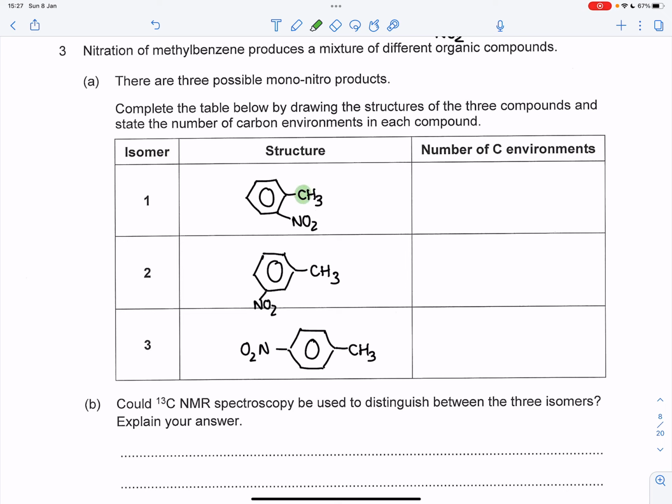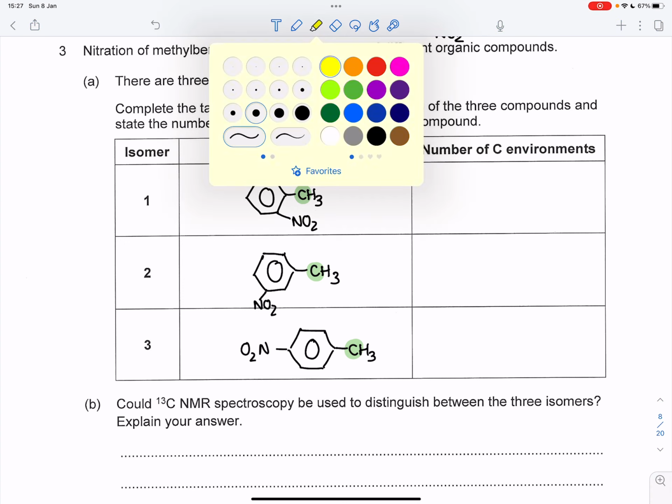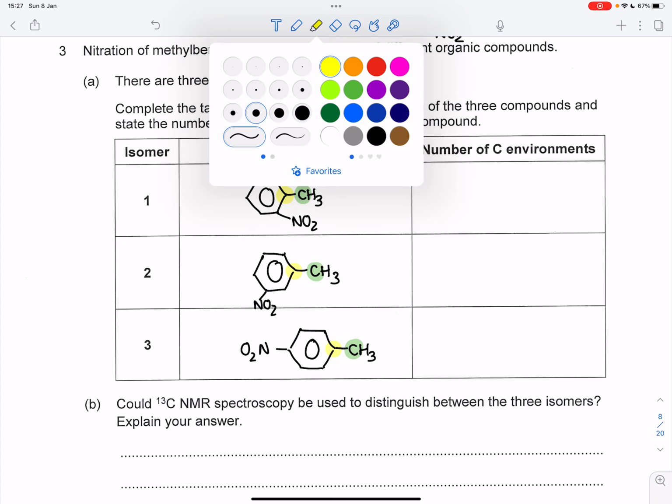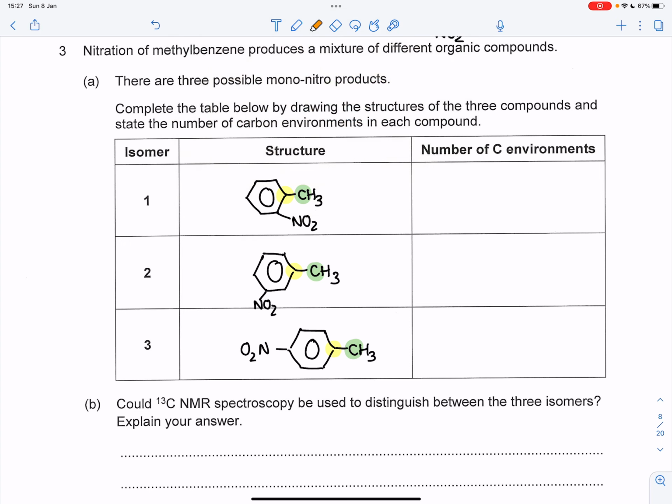So we've got the methyl group each time. Okay, and then we've got the carbon to which the methyl group is attached on the benzene ring. Now what we need to do is look at these benzene rings and see if there's any symmetry. And in our bottom structure, structure 3, we can see that it's symmetrical because the groups are on a plane through the middle.